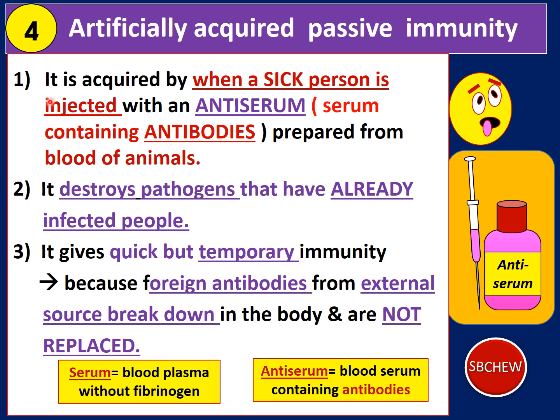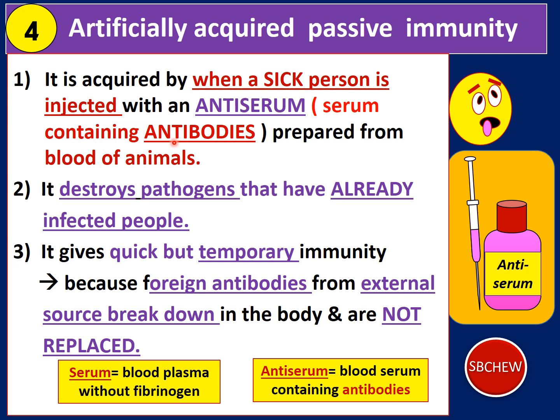For example, a person may have been bitten by a dog that is suspected of having the disease called rabies. So he goes and sees a doctor, and the doctor will give him an injection of the rabies antiserum, which contains the antibodies for rabies to destroy the virus that causes rabies, which is suspected of having entered his body.